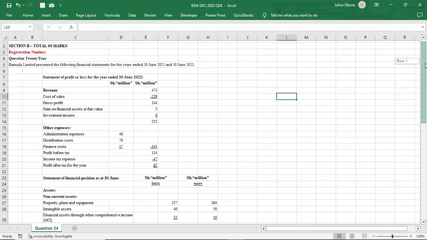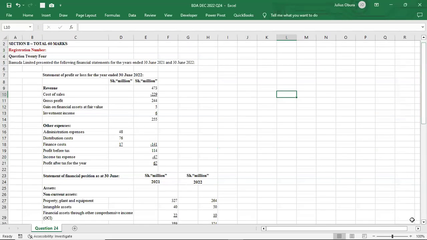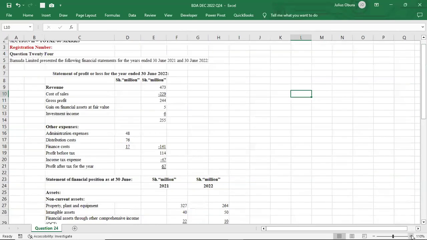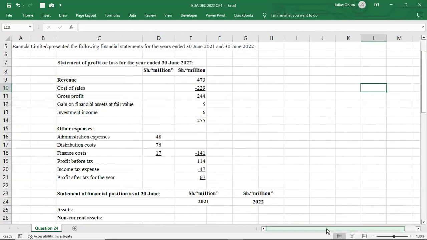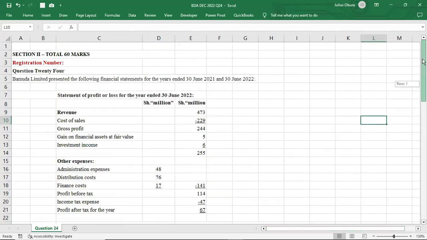Now, the question says, let me increase the font a little bit. This is BDA 2022 December question 24. It says Bermuda Limited presented the following financial statements for the years ended 30th of June 2021 and 30th of June 2022.